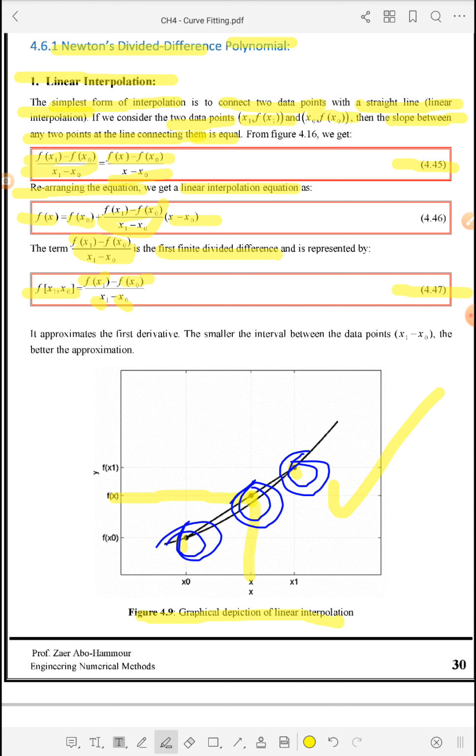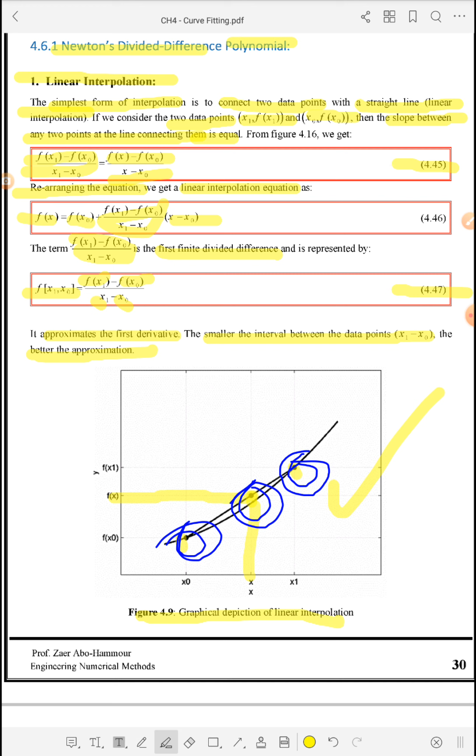Here there is a very important point, that this first divided difference is an approximation for the first derivative. Okay, and we know that the smaller the interval between the data points, the better the approximation.